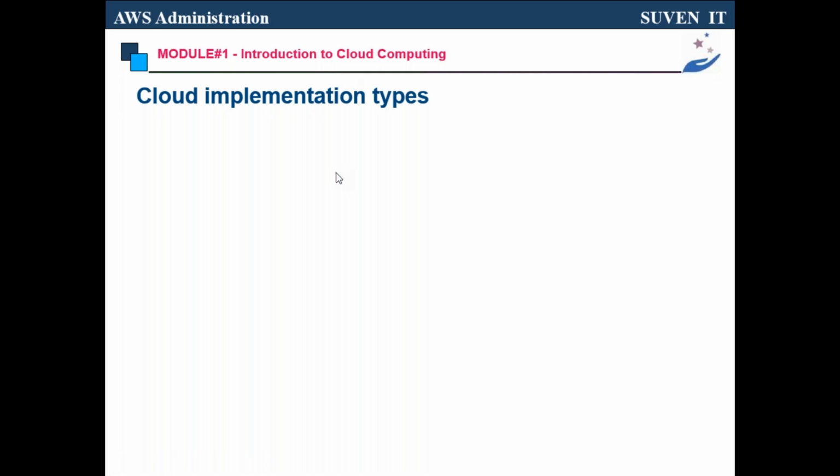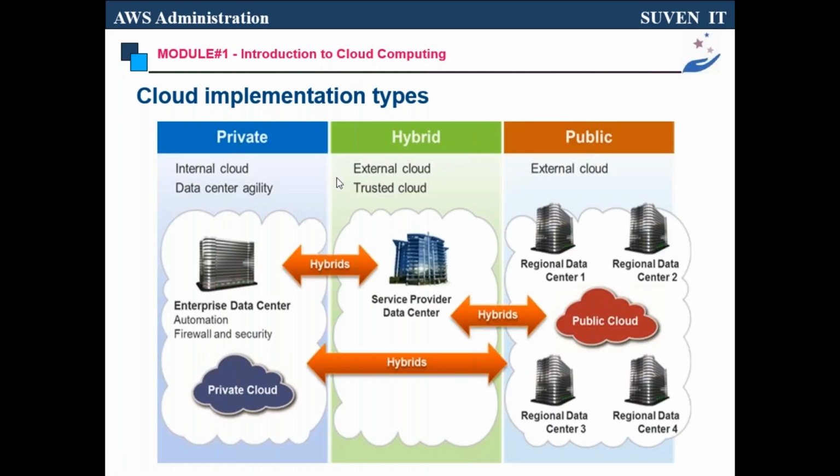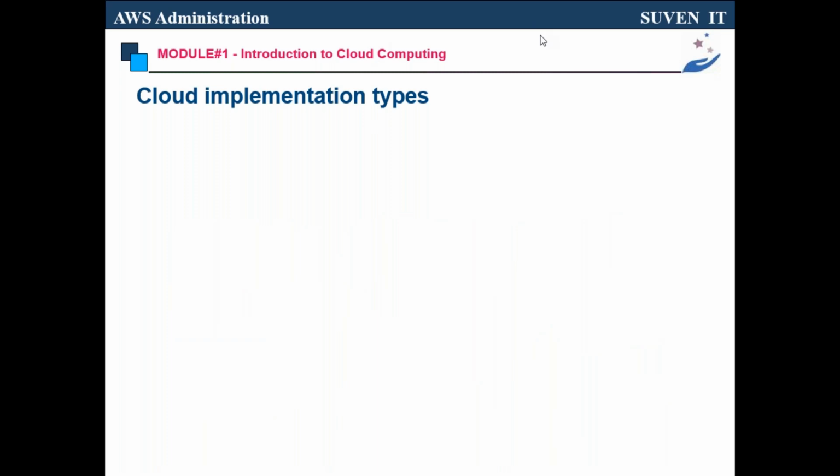So cloud implementation types. For example, we have the private cloud, we have the public cloud, we have the hybrid cloud. Private cloud meaning, you understand, is centralizing the IT.